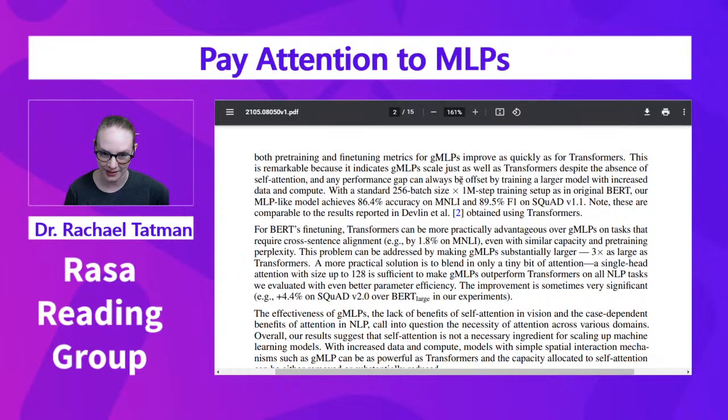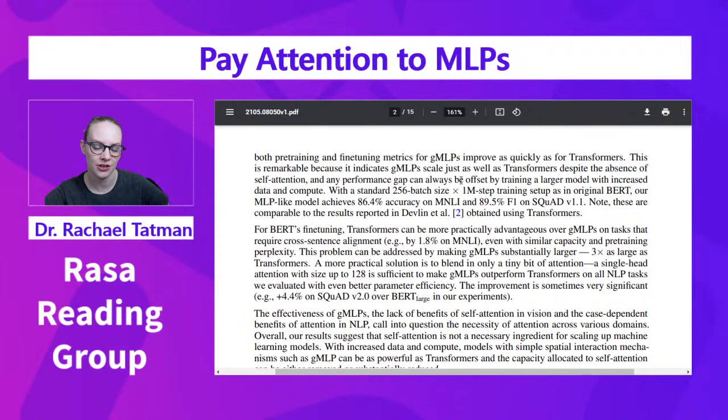This is remarkable because it indicates that gMLPs scale just as well as transformers despite the absence of self-attention, and any performance gap can also be offset by training a larger model with increased data and compute. I guess that's interesting from a theoretical perspective. What appeals to me more is that I think the gMLP approach starts with fewer parameters. So you can start with a smaller model, and if it gets you where you need to go, you don't need to increase size.